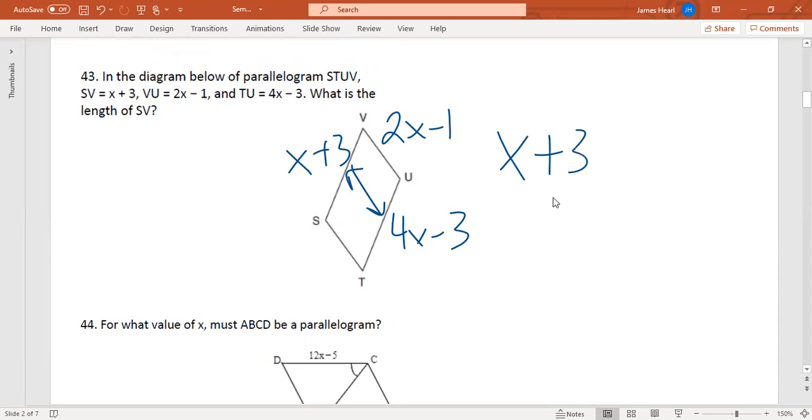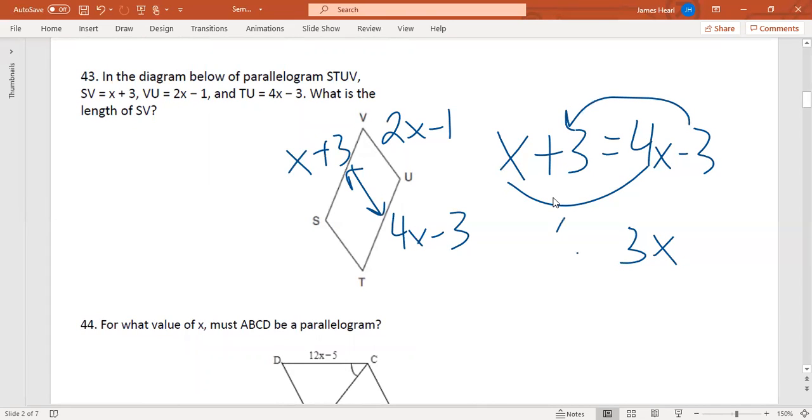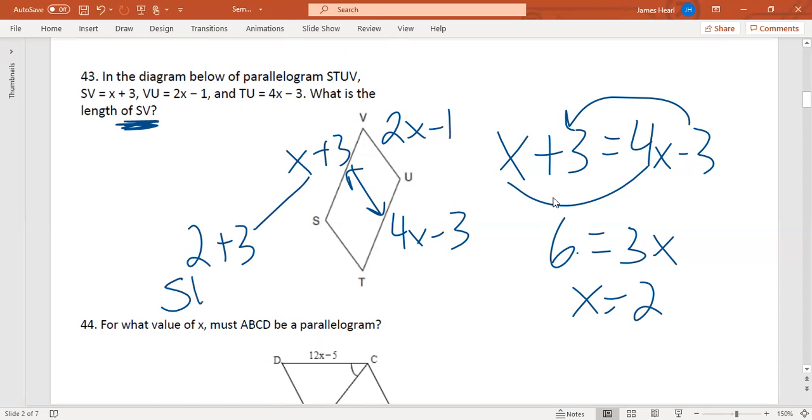So x plus 3 and 4x minus 3 have to be the same length. If we subtract the x over, we end up with 3x. If we add the 3 over, we end up with it equaling 6. Divide out the 3, we've discovered that x is 2, but the question was to figure out the length of SV, so I need to go plug it back in. This x plus 3 becomes 2 plus 3, so the length of S to V must be 5 units long.